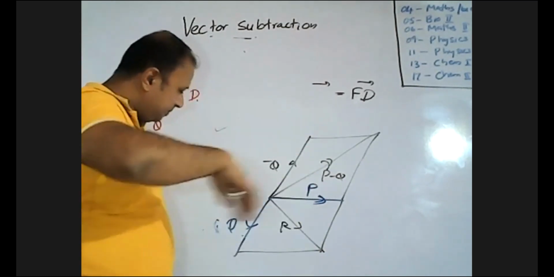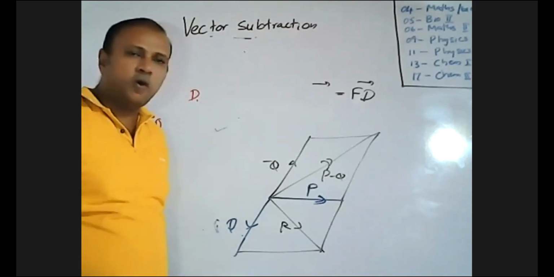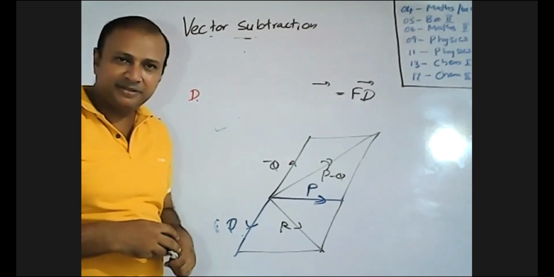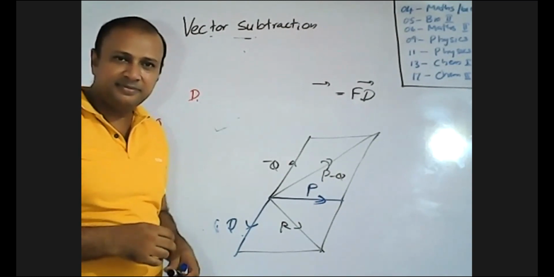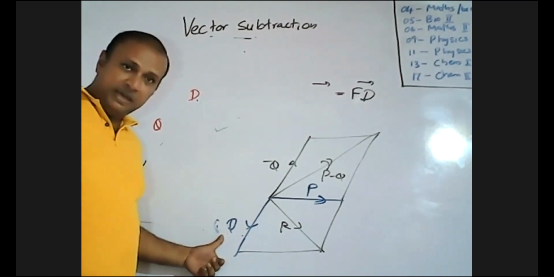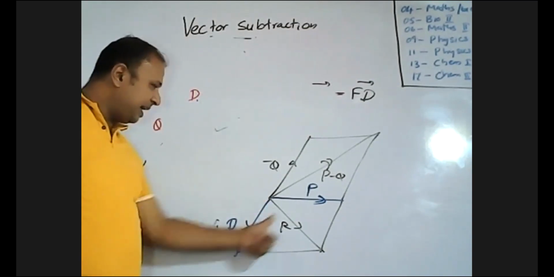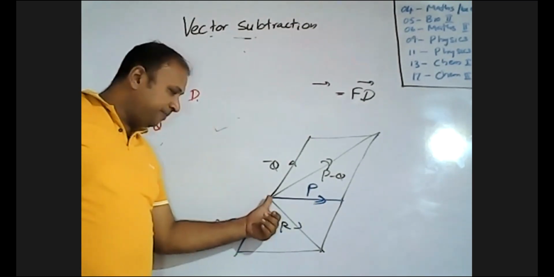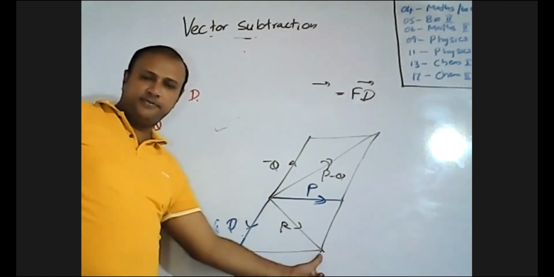If Q is on the other side, there is a totally another case. Then Q is in this direction, and P is in this direction. Therefore, the resultant force of them is in this way.